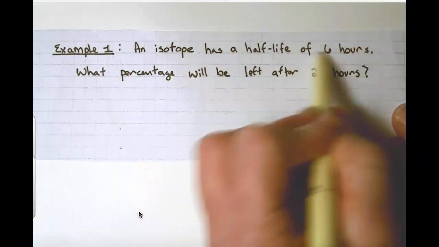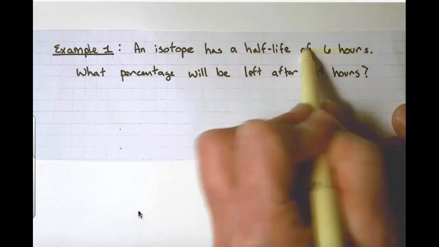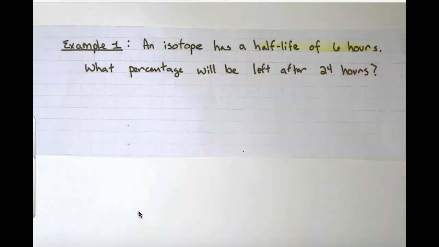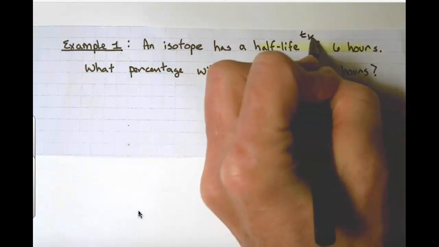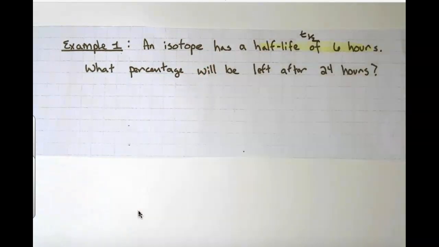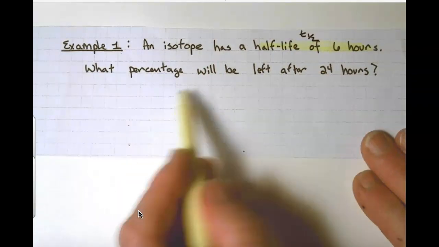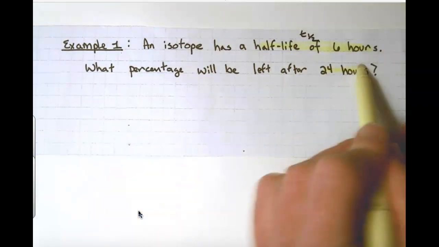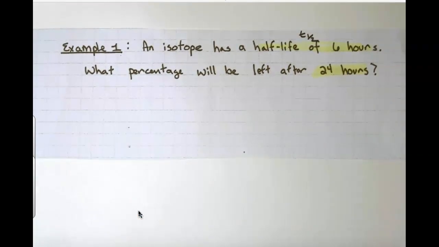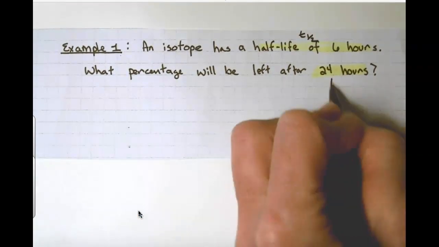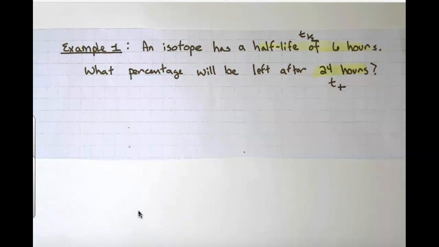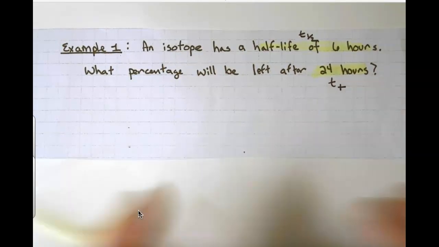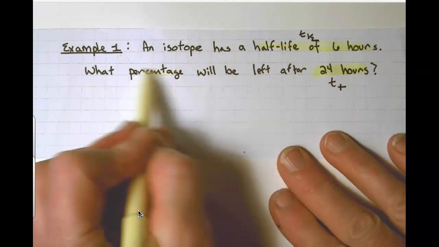So an isotope has a half-life of 6 hours. So that would be our T1 half, the half-life of the substance. What percentage will be left after 24 hours? So 24 hours is our total time, T total. And the question is asking us what percentage will be left.